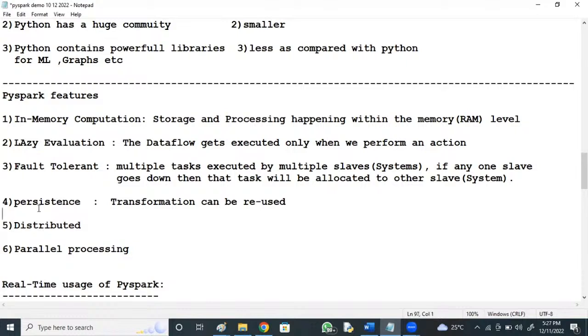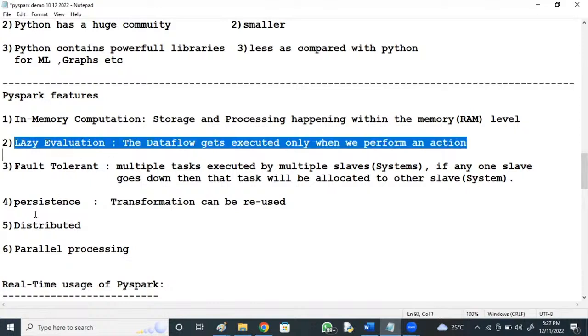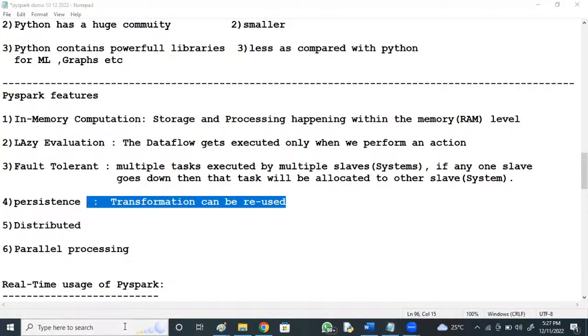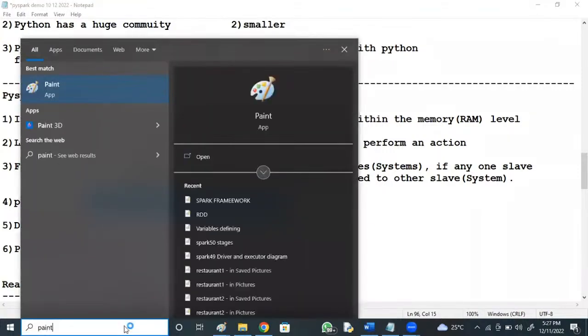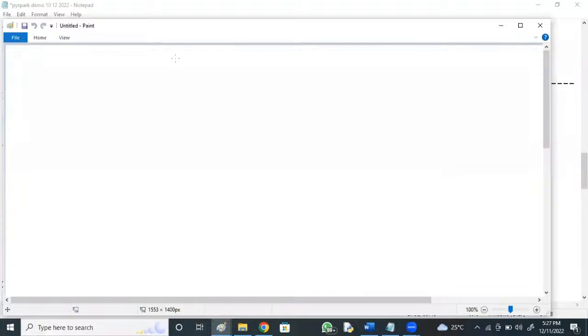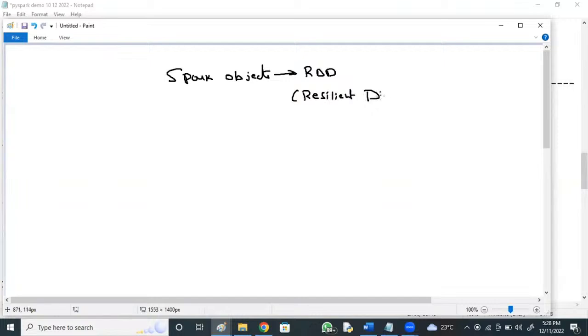To make you understand persistence and lazy evaluation, I'll give an example later. For now, Spark data objects we call RDD, resilient distributed dataset.